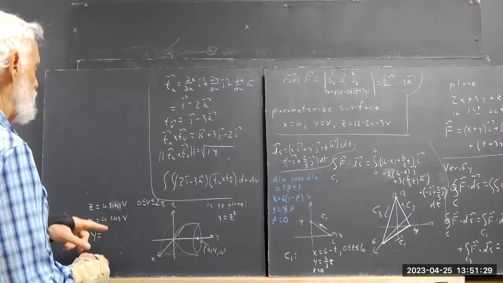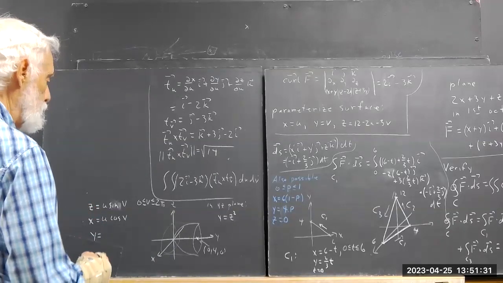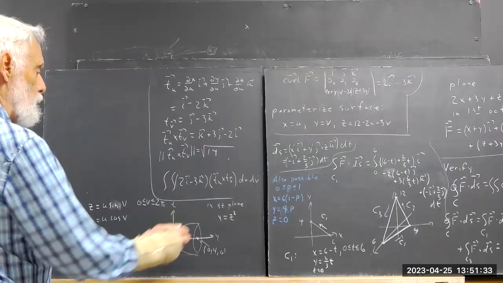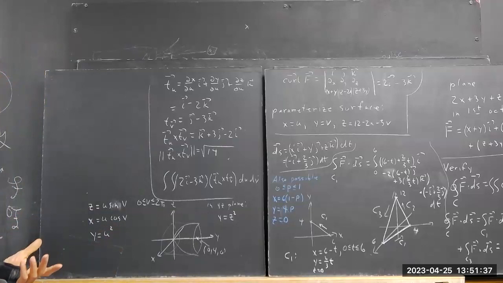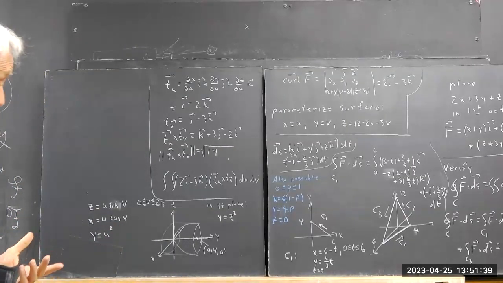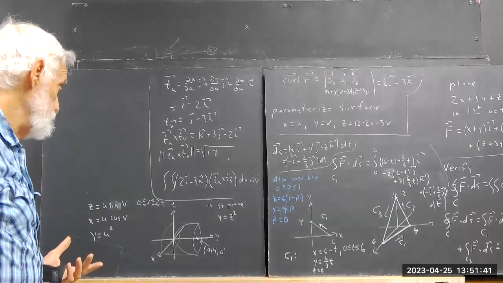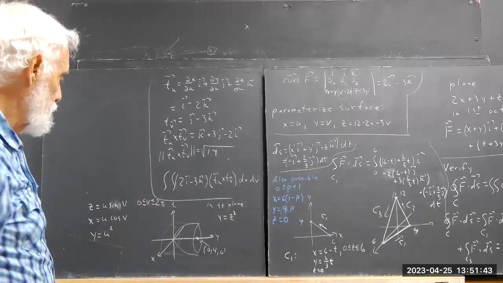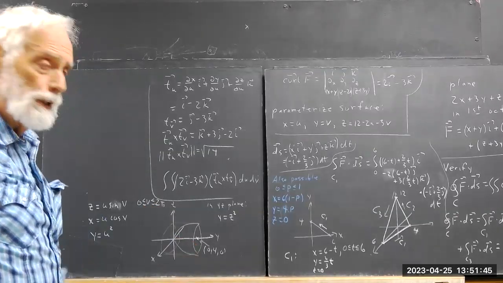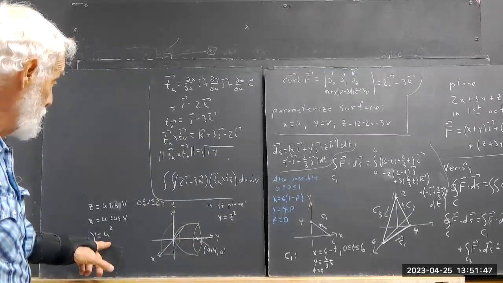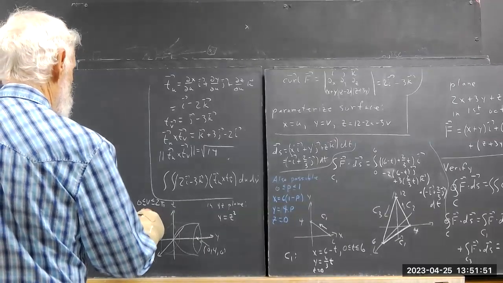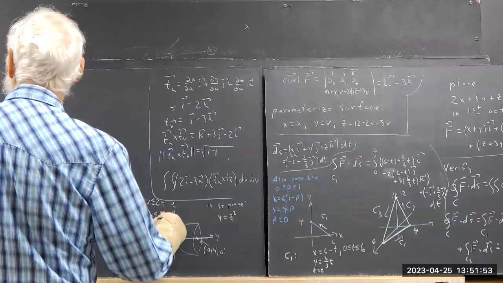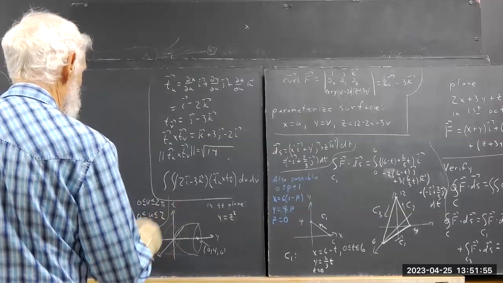So z is u sine v, x is u cosine v, y is going to be u squared. Okay. v is going to go from 0 to 2 pi. y can be a maximum of 4, so u has to be a maximum of 2. We're going to have 0 less or equal to u less or equal to 2.